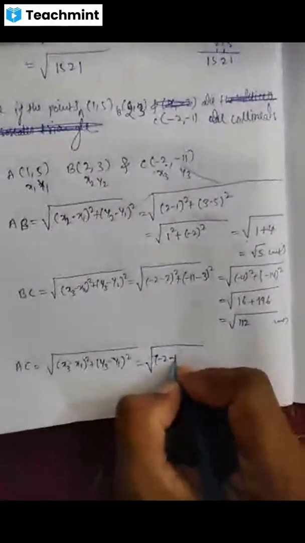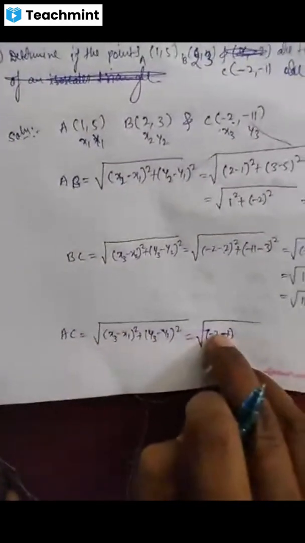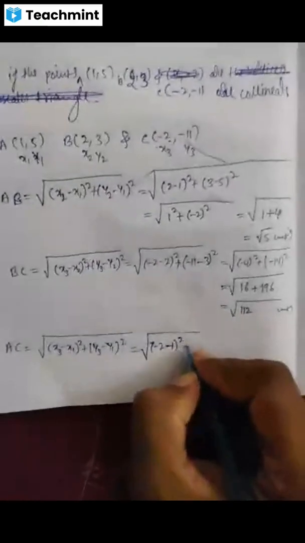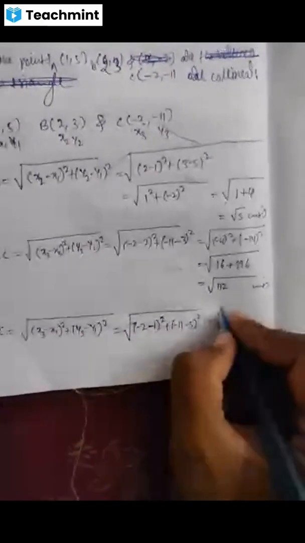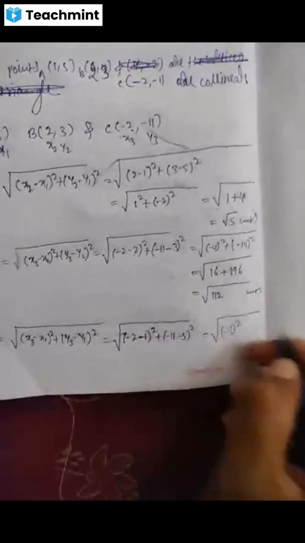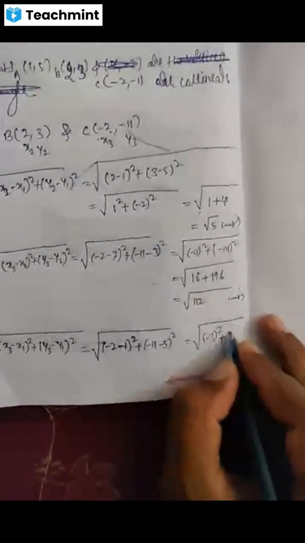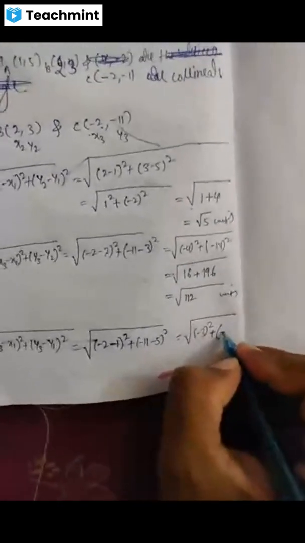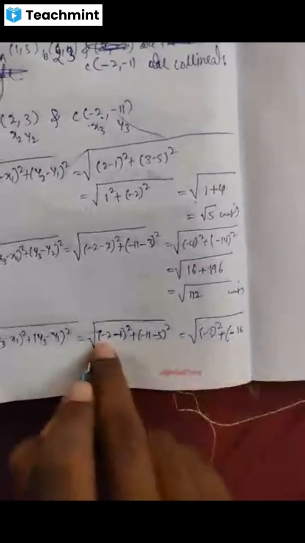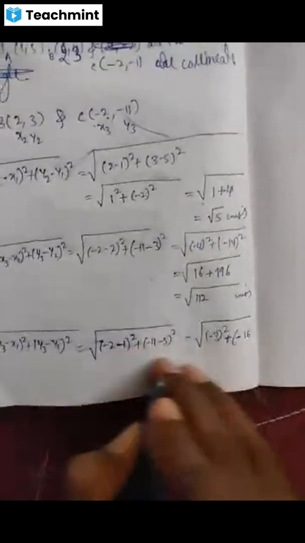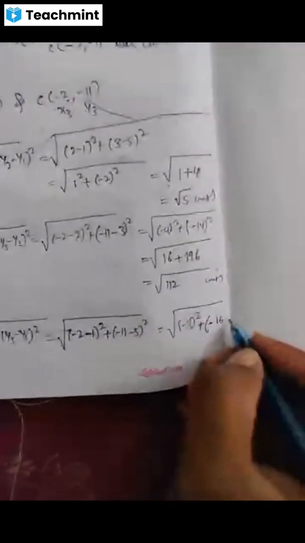Next, to find AC, we have the square root of (x3 minus x1) whole squared plus (y3 minus y1) whole squared. What is x3? That is -2. What is x1? That is 1. So -2 minus 1 is -3 whole squared, plus -11 minus 5 is -16 whole squared.